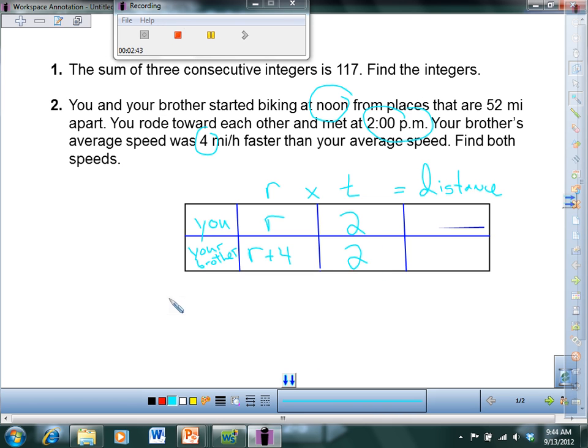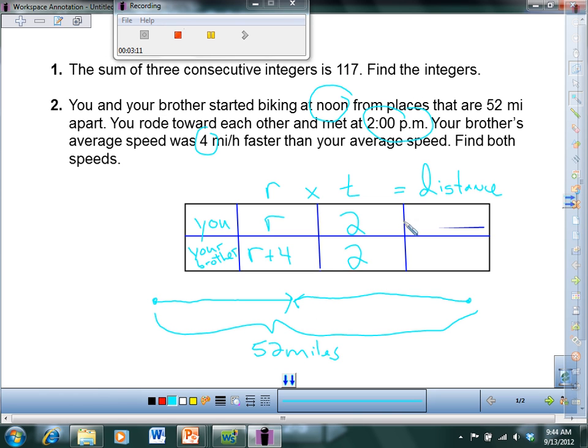Now this is a little bit different in that if you think about what's happening, here's you, you go this way, right? And your brother goes this way, from places that are 52 miles apart. Together, the distance from here to here is 52 miles, right?